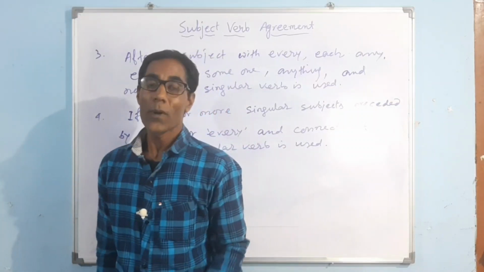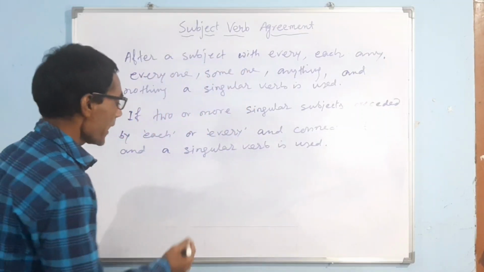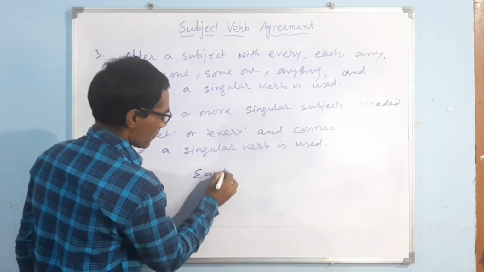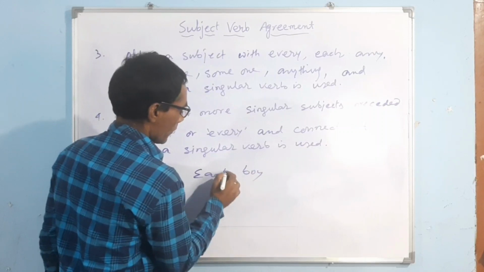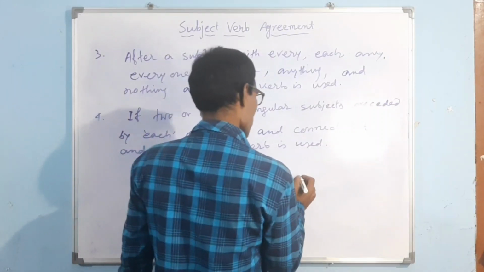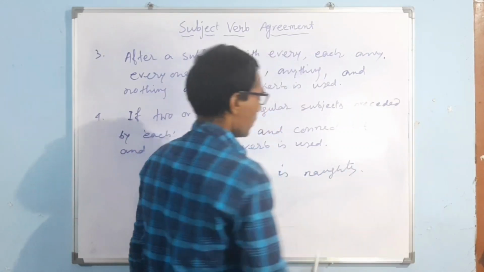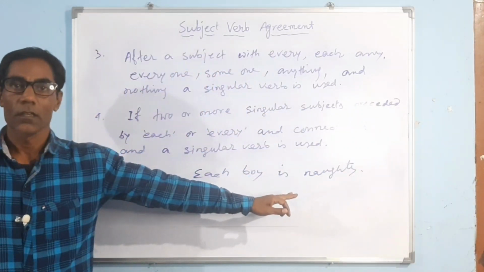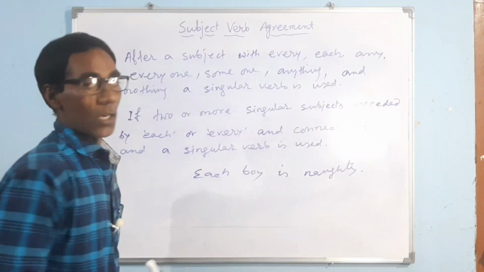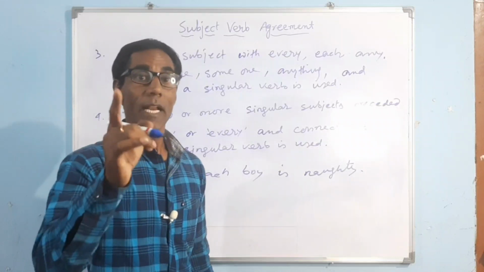Therefore, a verb in singular you have to use. Look here, example: each boy is naughty. Or each girl. Each boy are, you cannot write. If you write each boy are, that is wrong.